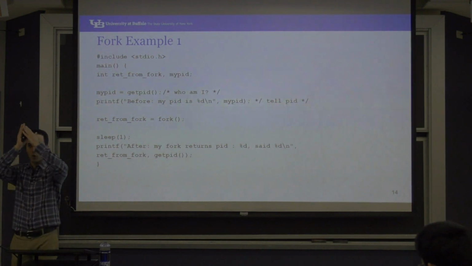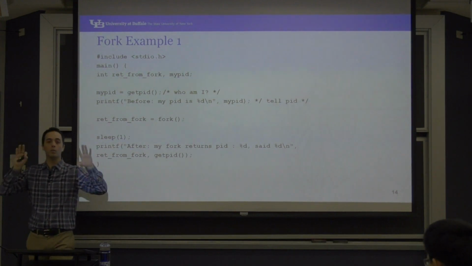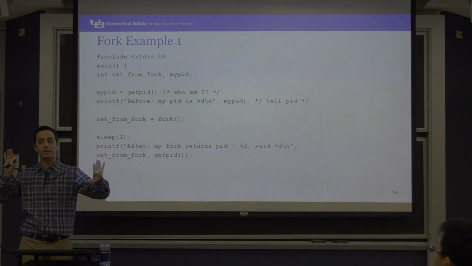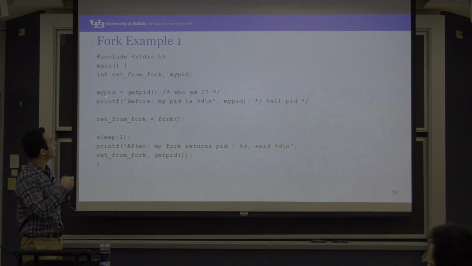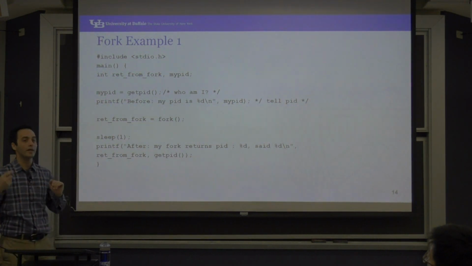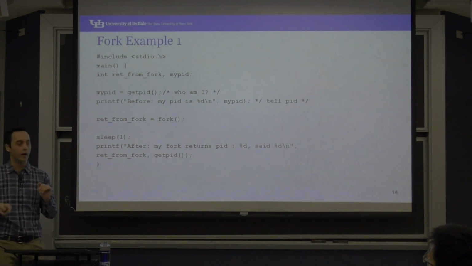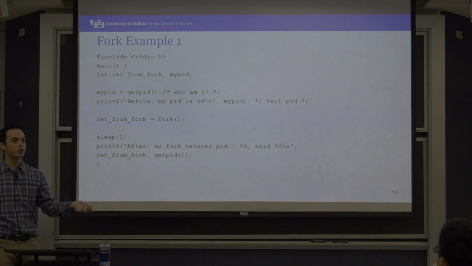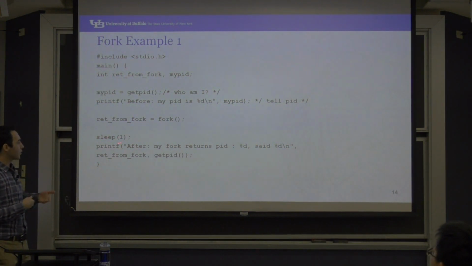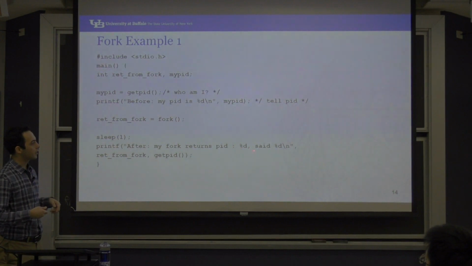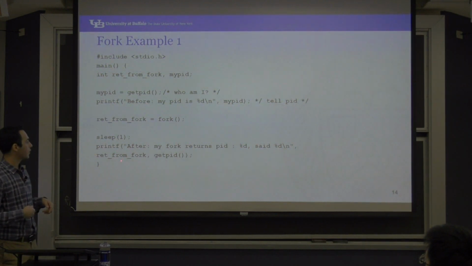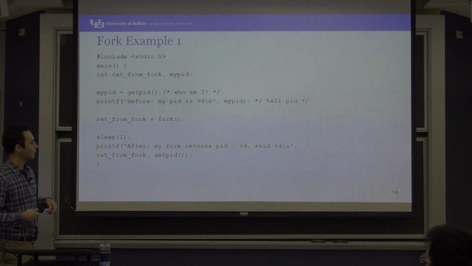At this point, you call the fork, you make this twice. Remember, both are independent processes with the same data, meaning in both of them there is a my PID which has already been valued 56, right? Now you return to both of them. You wait for a second in both of them, and then printf "after my fork returns PID", and getpid.